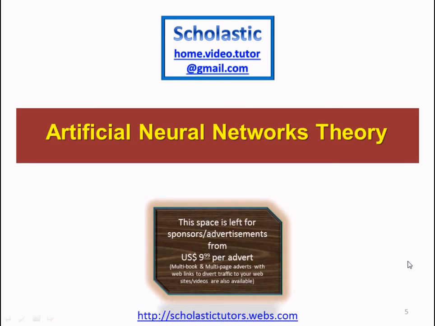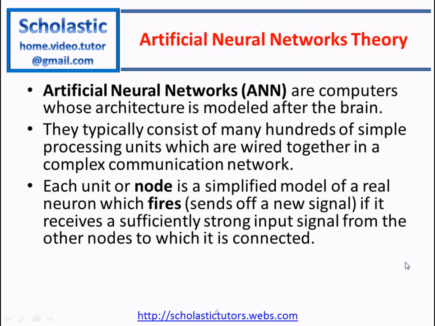The artificial neural network theory, we'll start with some simple notations. It can be implemented using computers, and it can model the human brain. If you can model a human brain in computers, we come up with an artificial neural network.